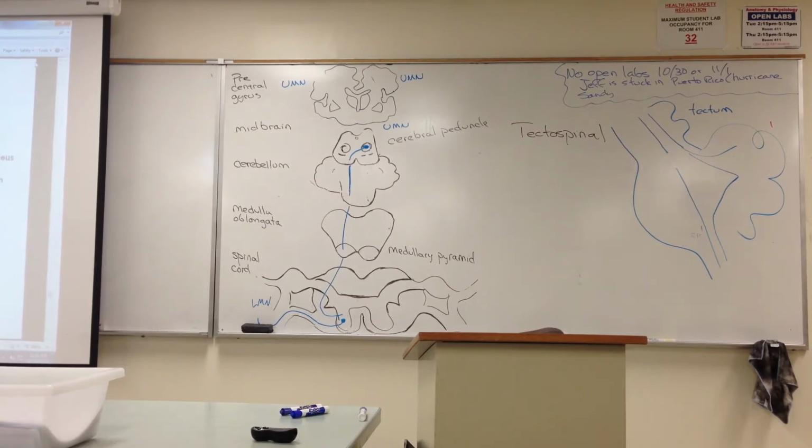All right, so we have one left, and this is vestibulospinal. So what was our cranial nerve that had the word vestibulo in it? Vestibulocochlear. All right. Cochlear refers to hearing, and vestibulo refers to balance.